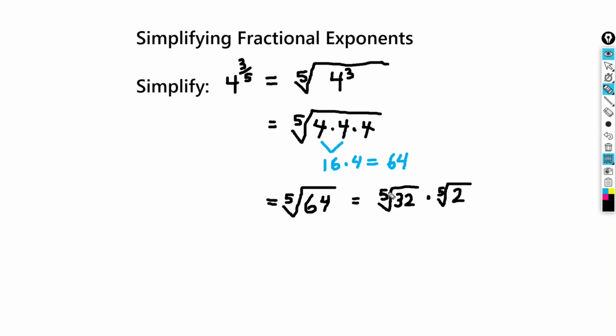And that simplifies. The 5th root of 32 is 2 because 2 to the 5th power is 32. So we have 2 times the 5th root of 2. And that's as simplified as we can get for this particular example.